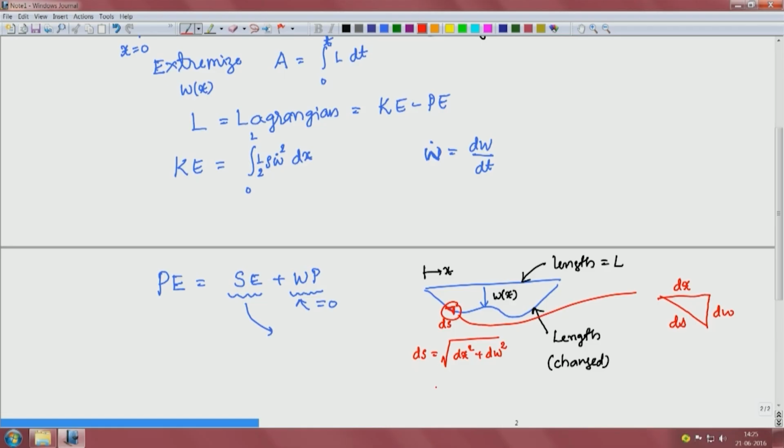By taking dx outside, I can write this as square root of 1 plus dw by dx square, times dx.